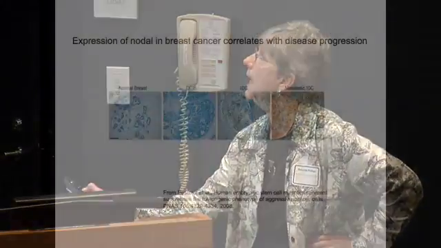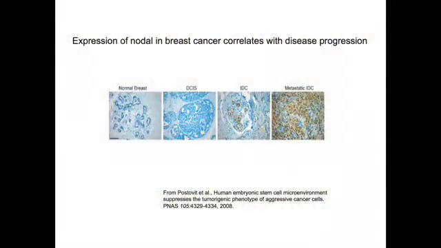If you look at an invasive ductal carcinoma where the tumor cells have now broken through the duct and into the surrounding supportive tissue, you can see now that there is some brown staining. Notice it's not uniform. And then if you look at a metastatic breast tumor, you can see that nodal expression is much more prevalent as noted by the brown color.